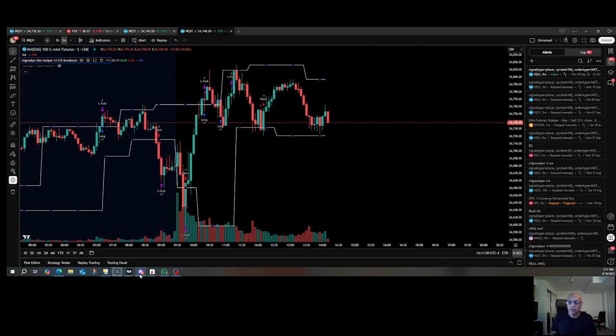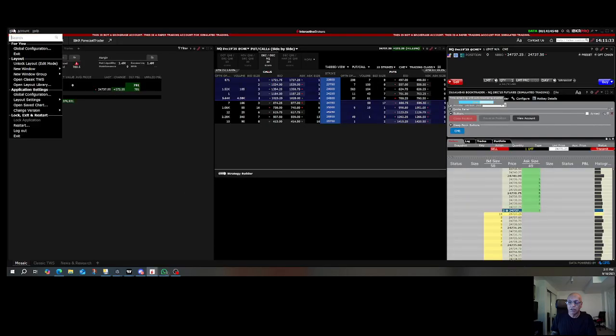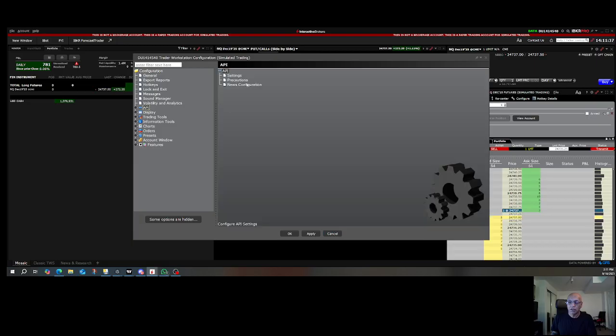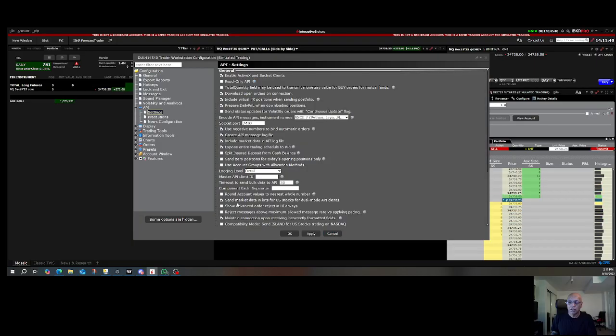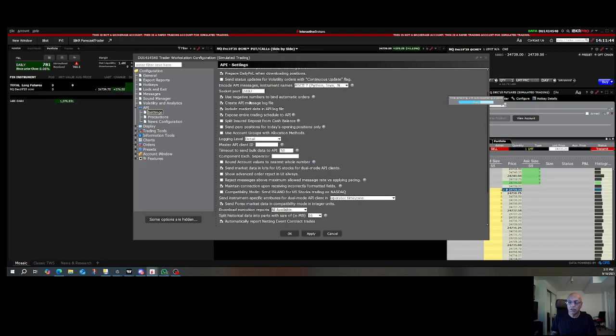Then you have to go into your Interactive Brokers account right here. Then you have to set up your IP. Go to Global Configuration, go to API, and go into Settings. You set up all this here, and the message comes in here. It communicates to this port here, 7497.